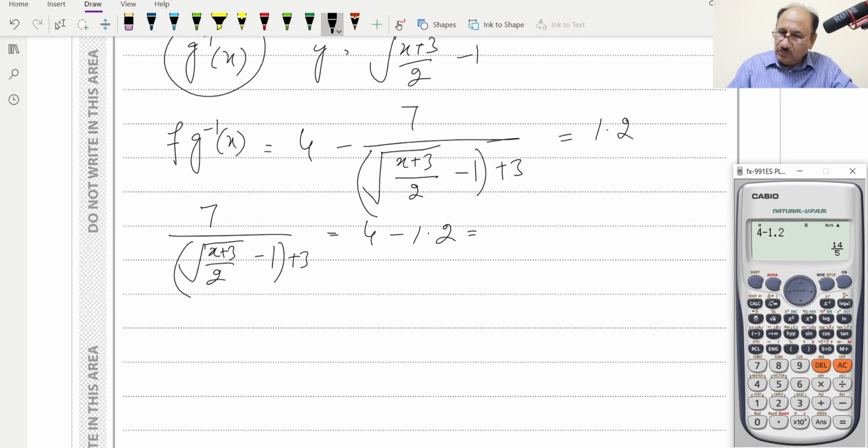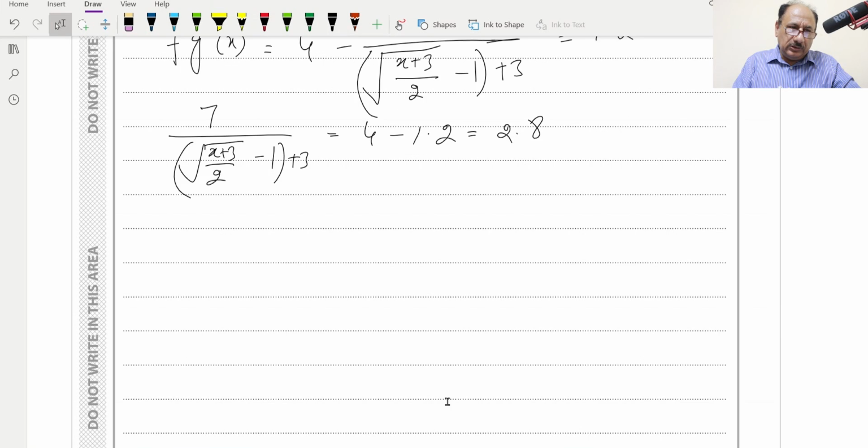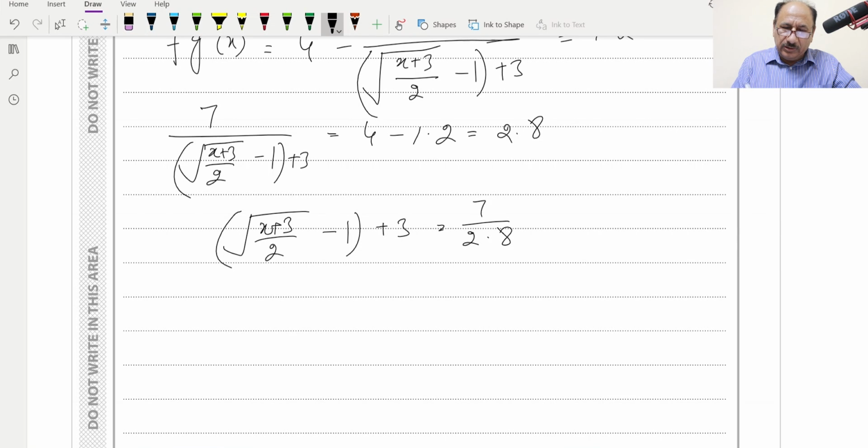and 4 minus 1.2 is equal to 2.8. So we can write here 2.8, and in the next step we can shift this, so under root (x plus 3) over 2 minus 1, and this will be plus 3, is equal to 7 over 2.8.